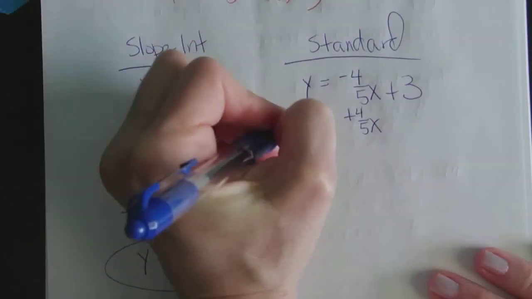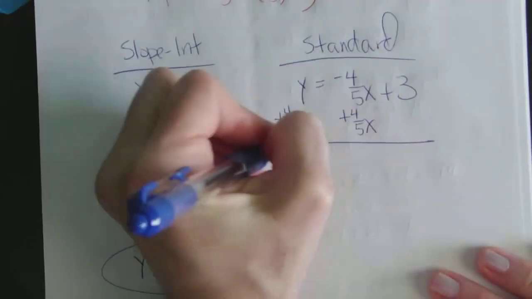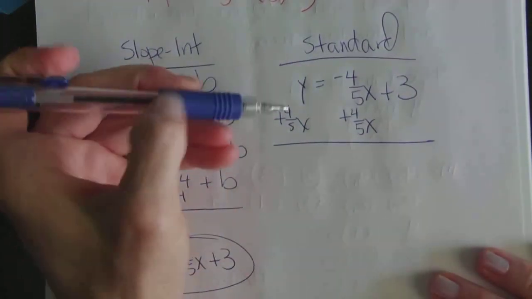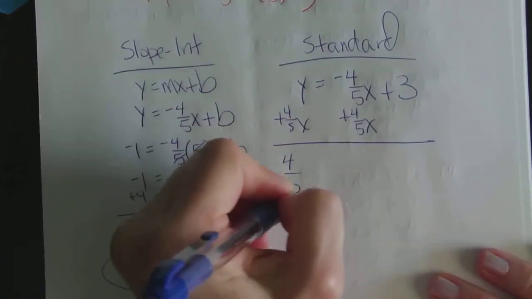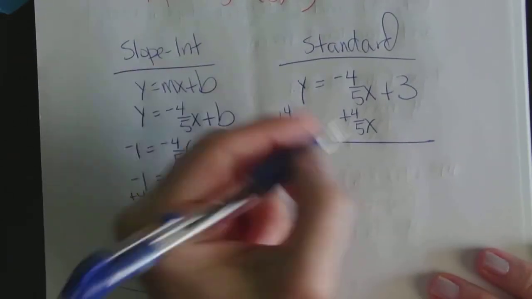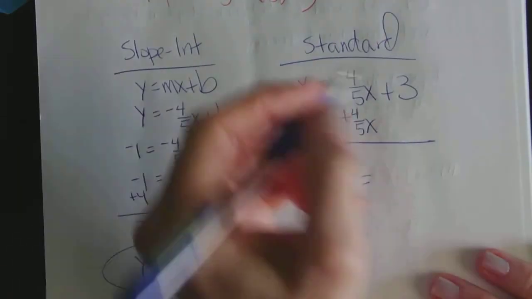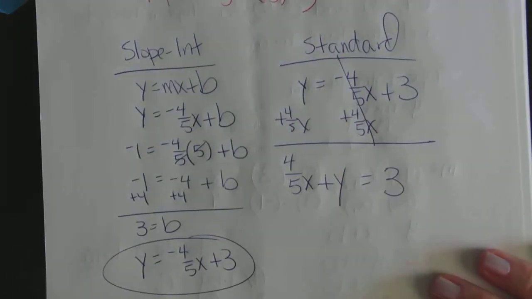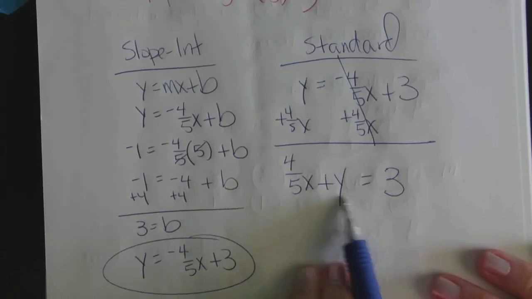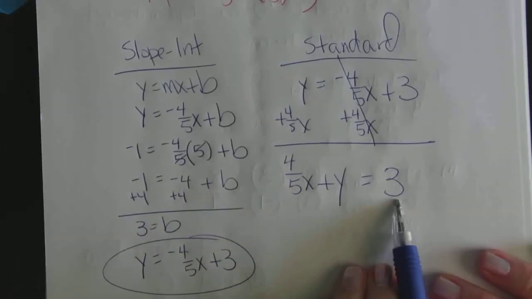That's pretty easy to do. Let's just add 4/5 x to both sides. Voila. Now, that's going to give me 4/5 x, plus y equals, knock these out, 3. And we're pretty much there.